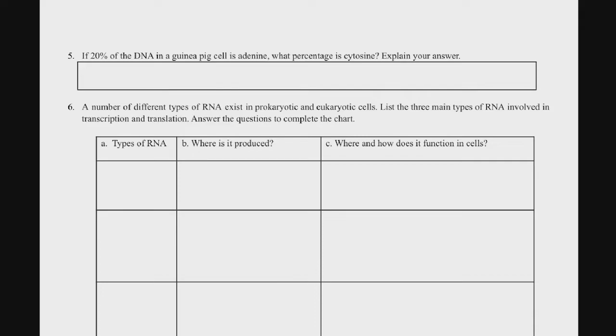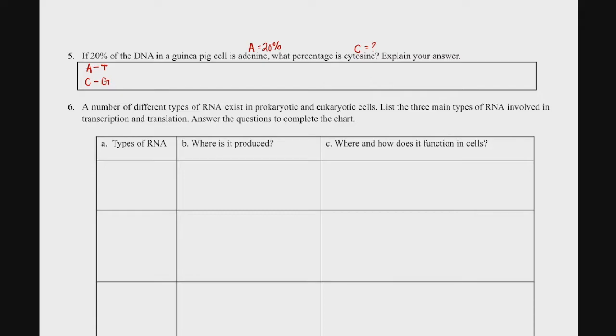So, if 20% of the DNA in a guinea pig cell is adenine, what percentage is cytosine? Explain your answer. We know A and T go together and C and G go together.